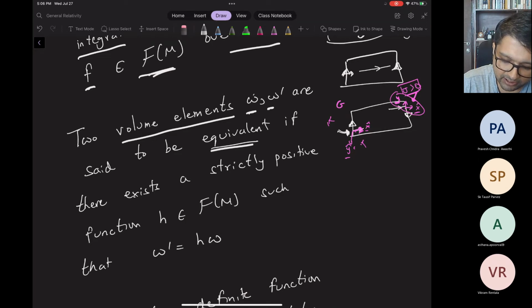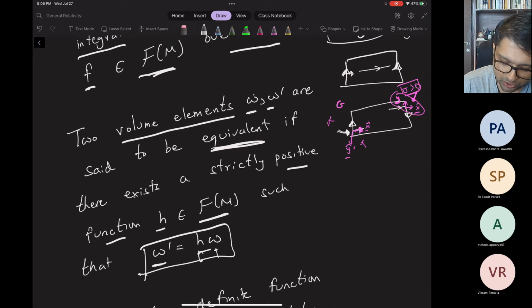We say that they are equivalent integration measures, not equal, but equivalent, if there exists a strictly positive function h belonging to smooth functions on M, such that one n form is equal to this smooth function times the other n form. Then these two integration measures are equivalent.